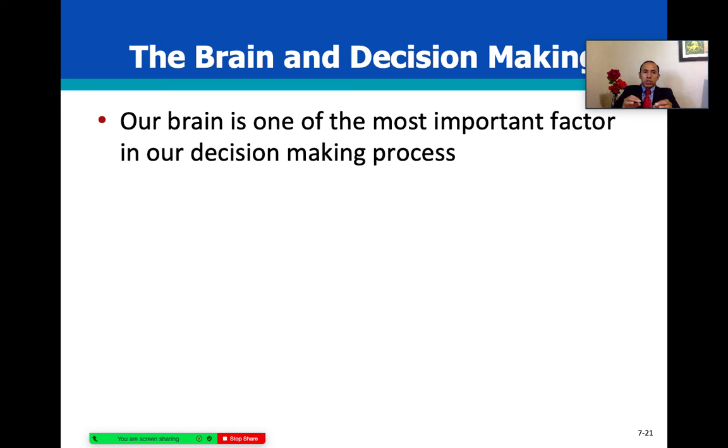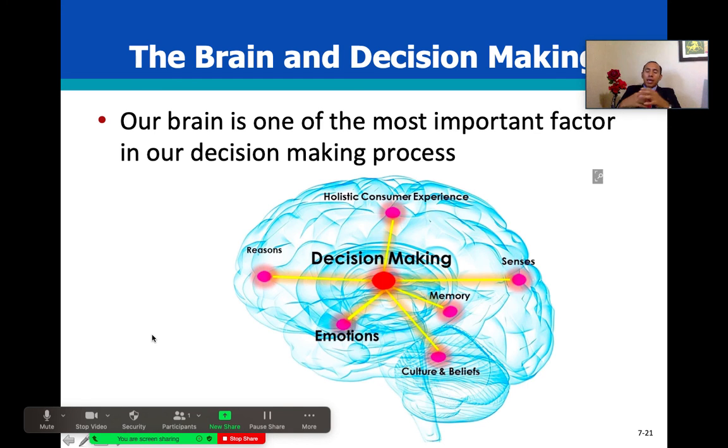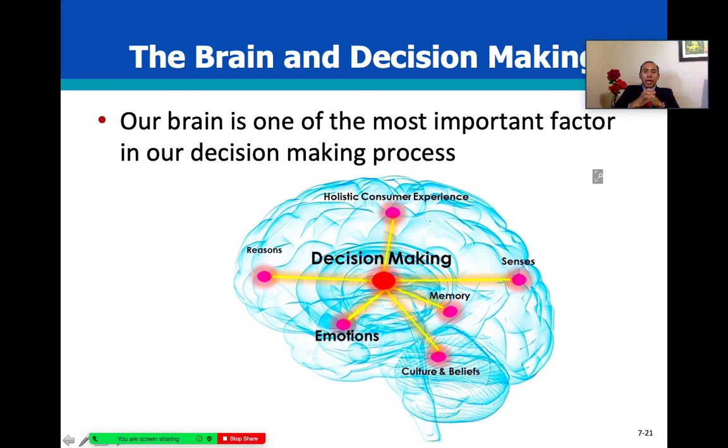It's always functioning and always generating economic decisions that tend to be important for any individual, whether it's reasonable decisions, emotional-based decisions, memory-driven decisions, or any type of decision that is crucial to the person at that particular point in time. So our brain is one of the most important factors that allow us to make decisions, conscious decisions, rational decisions, and some subconscious decisions.